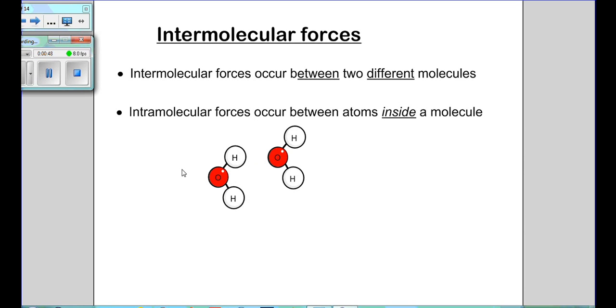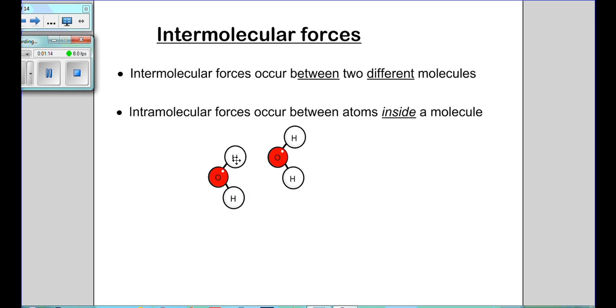But intramolecular forces occur between atoms inside a molecule. So intramolecular forces will be the force between the hydrogen and oxygen within one single molecule. So the hydrogen and oxygen force here will be an intramolecular force, and the oxygen and hydrogen force here will be an intramolecular force.